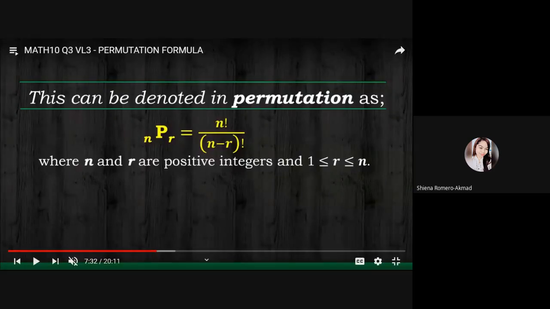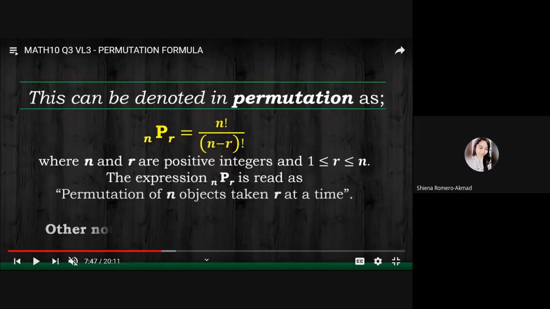Tulad ng kunwari, ang n natin ay 10, ang r natin pwedeng 10 or lower than 10, or 1. Pero hindi siya pwedeng higit sa n. Kunwari, yung number of objects mo 10, tapos pipili ka ng 11, saan mo kukunin yung isa?